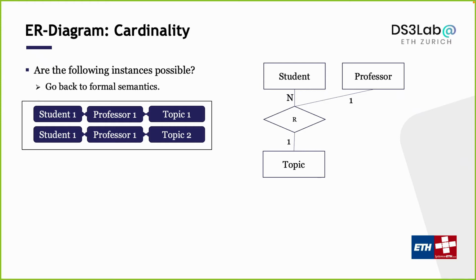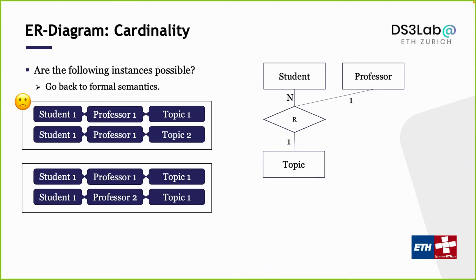And you look at the other way around, student and professor. In this case, student 1, professor 1 appears twice in this instance. That violates our cardinality constraint, because even if I know the value of student 1 and professor 1, I don't know which topic is associated with that. I have topic 1, topic 2, I don't know. So that violates this cardinality constraint.